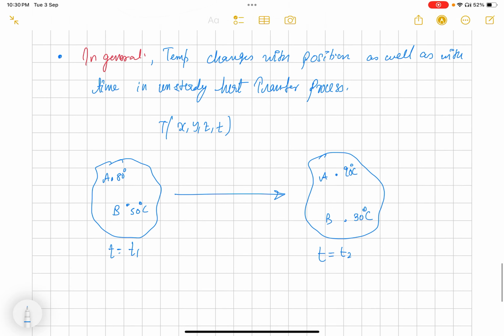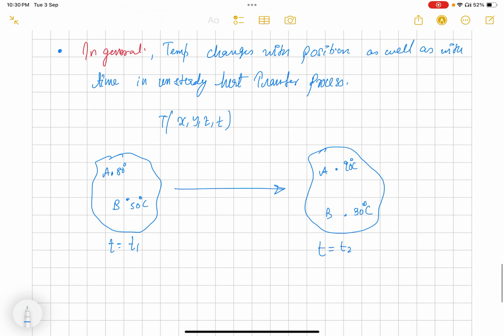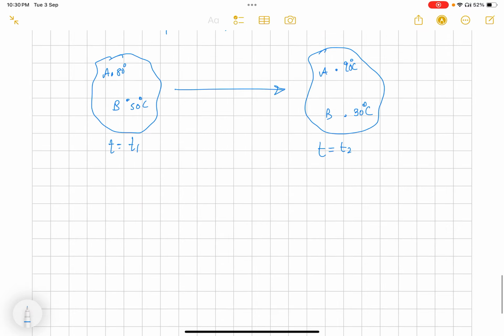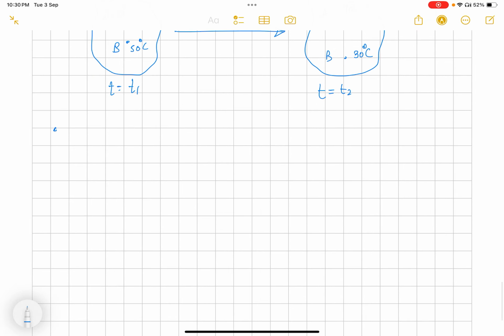So in general, unsteady heat transfer can be a variation of both functions, both position as well as time. For one special case, in a very special case, temperature can be a function of time only, for the case of lumped system.